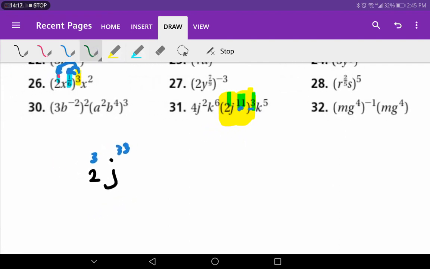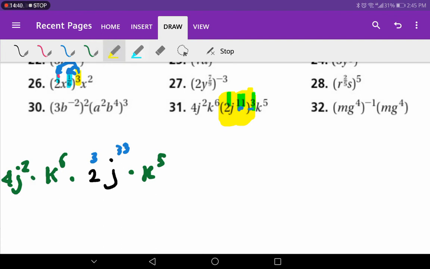It is k with power 5, k with power 6, 4, j with power 2.